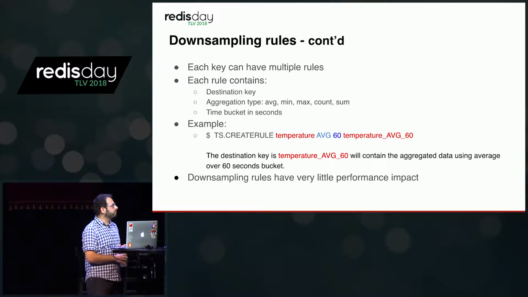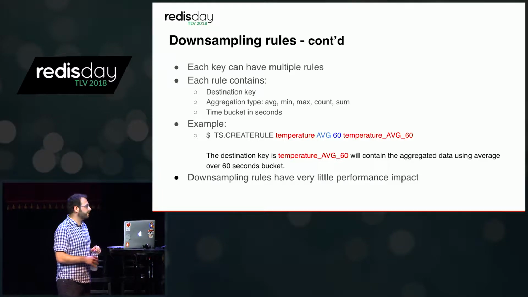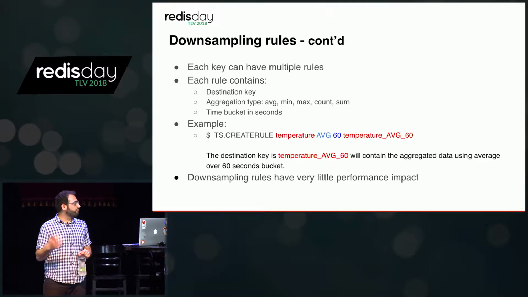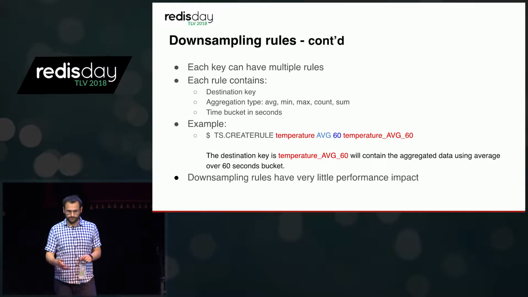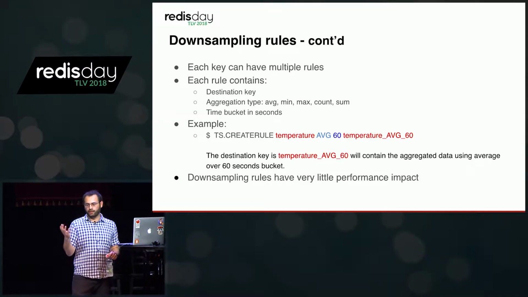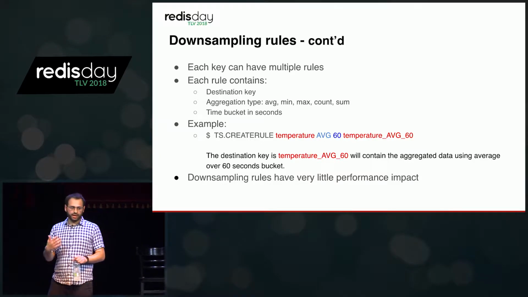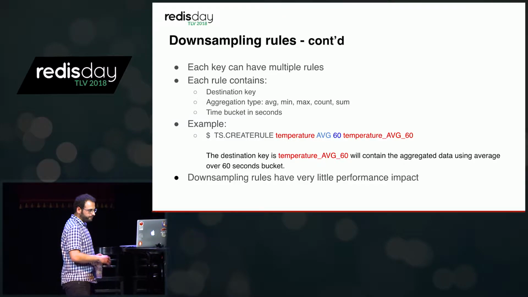So here you can see we're creating a rule for a temperature with an average of 60 seconds, and we're going to save the downsampled data to a different key that's called temperature_AVG_60. So you can pick whatever you want. If you want average, if you want sum, you need to think about what data you have, because each data has a different type of aggregation that fits it.